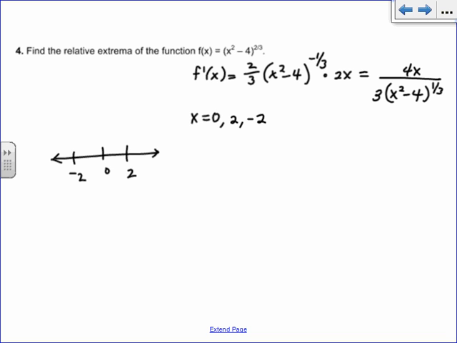You get 9 when you square it, so 9 minus 4 is positive. Cube root is still positive. So the bottom's positive, and negative over positive gives negative. If I try negative 1, I get a negative over a negative, because 1 minus 4 is negative on the bottom. So I get positive. If I try 1, positive over negative is a negative. And if I try 3, positive over positive is positive. So my function f goes down, up, down, and up.